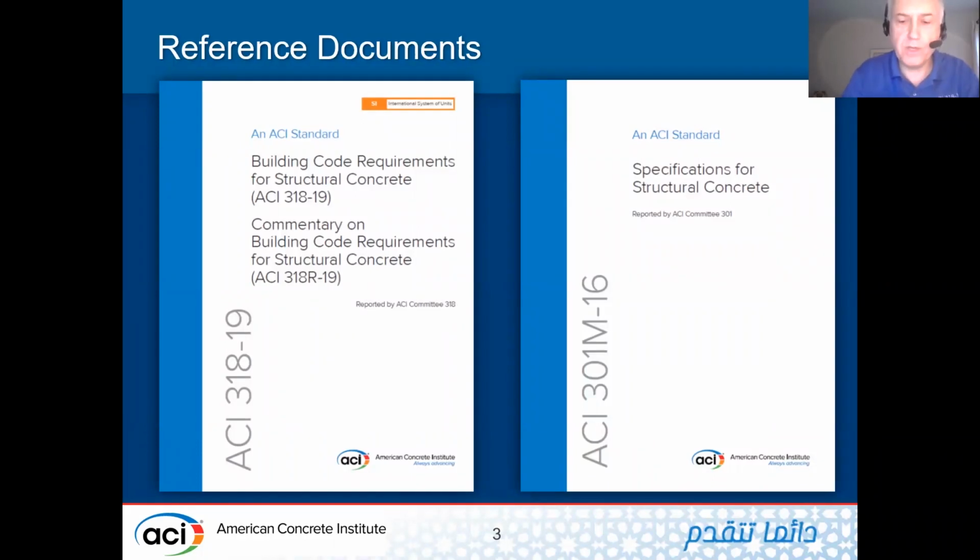In other words, it's very likely that other codes, Eurocodes, British codes, and local codes or specifications may have different requirements. So again, the emphasis is that this is based on ACI codes and specifications. And I'm not trying to say that the same acceptance criteria for strength apply with other codes.